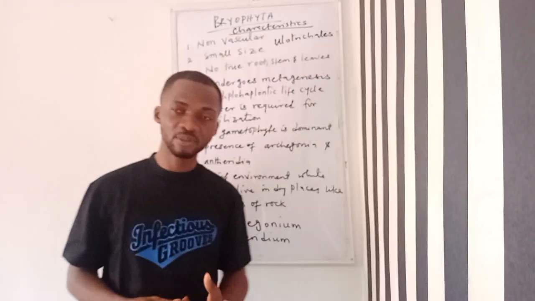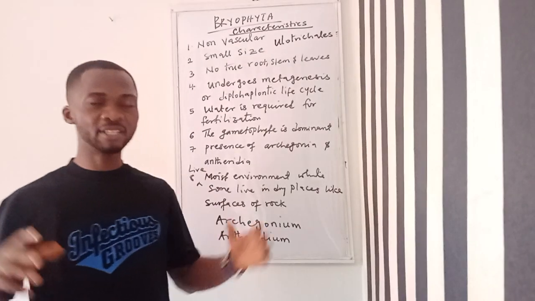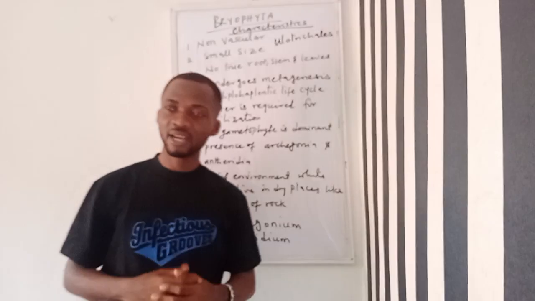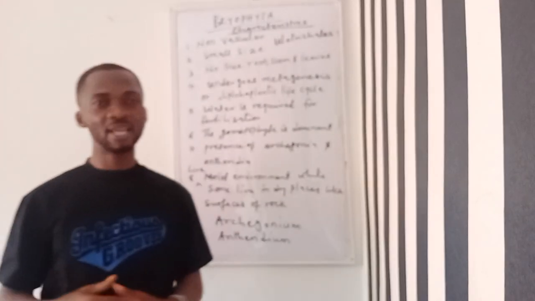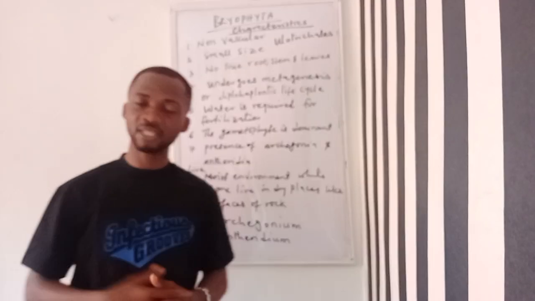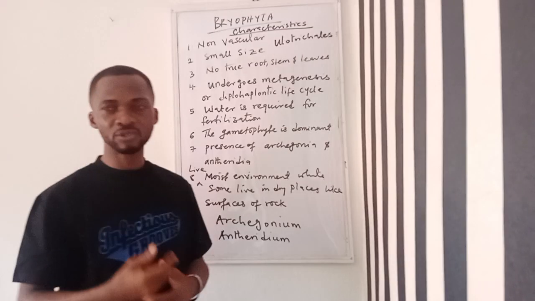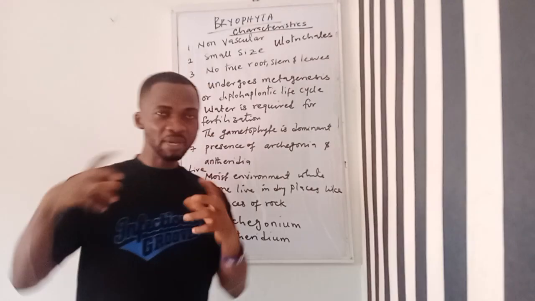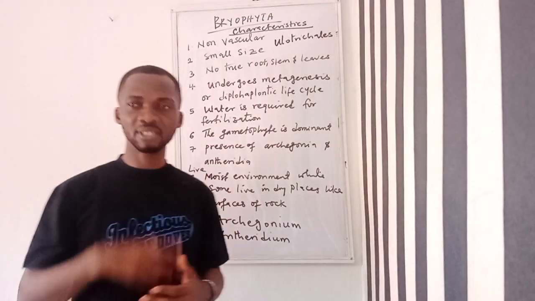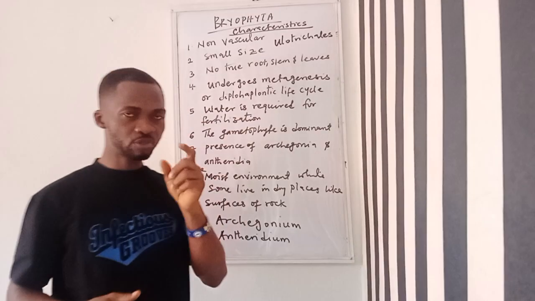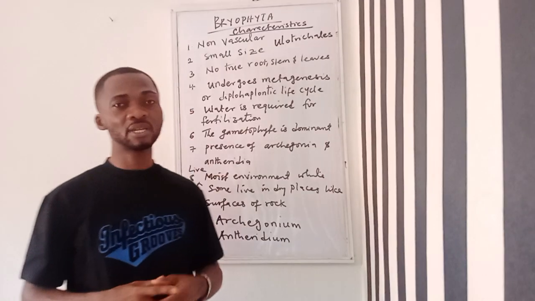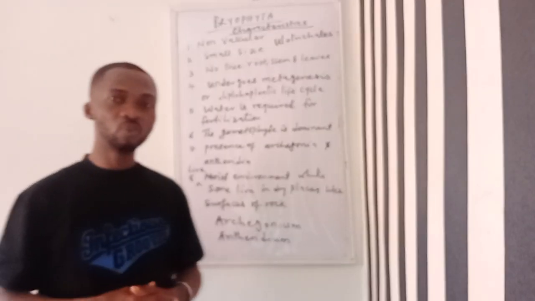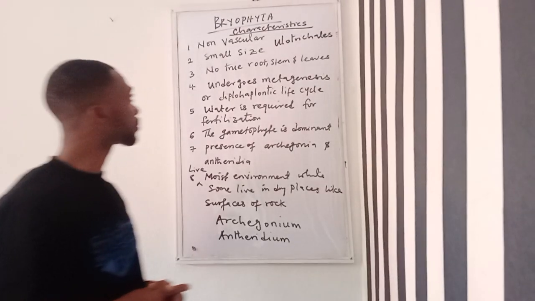That means it's macroscopic, something you can see with your naked eyes, but they are not as big as the main land plants like spermatophyta and pteridophyta. They are very, very small. The main body of the plant is the gametophyte, which is seen. The sporophytic stage, however, is microscopic and may not be seen with the naked eyes.